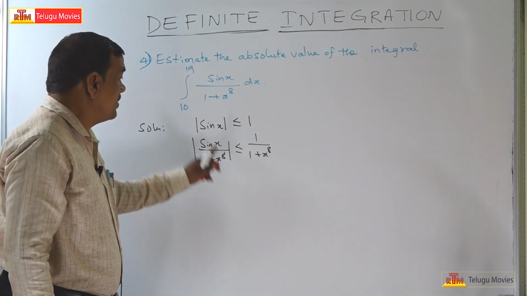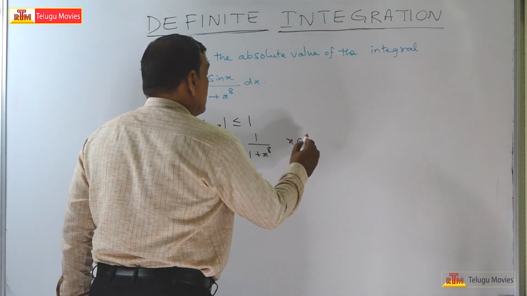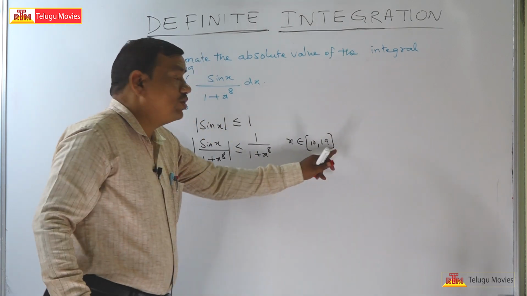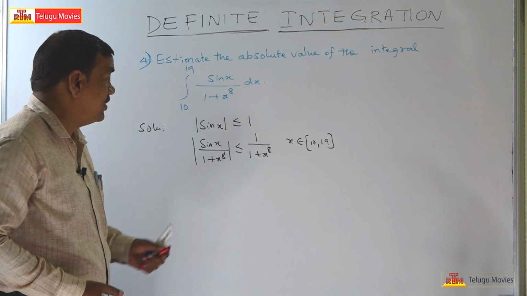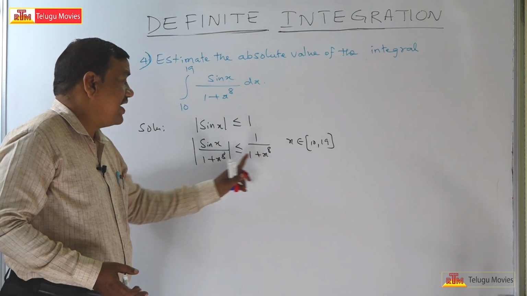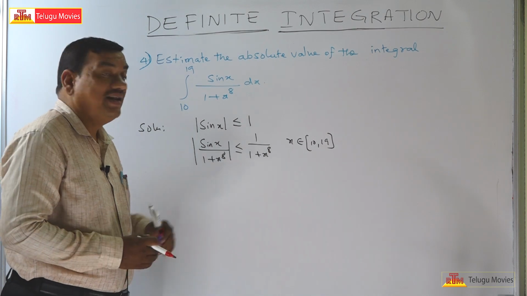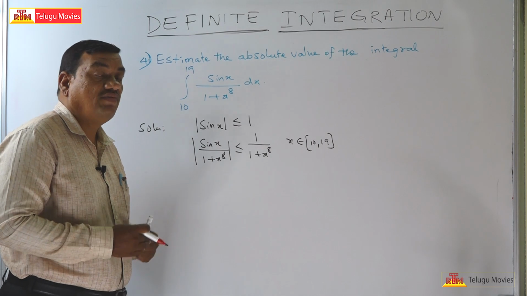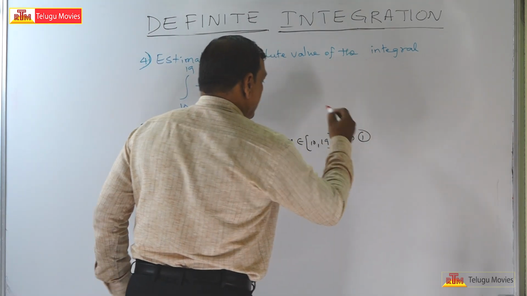Because your x value lies between 10 to 19, which is a positive quantity. So I am dividing both sides by a positive quantity, which means the inequality never changes. If it were a negative quantity, definitely it would change. You call it inequality number 1.